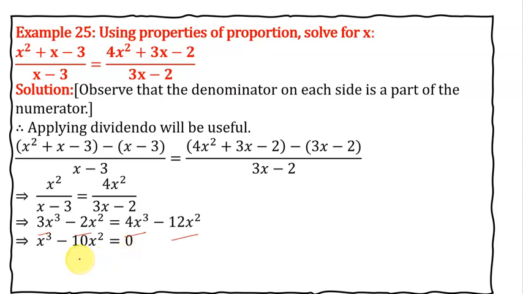Now from here, take x square as common. Then x square times (x minus 10) is equal to 0. It implies x square is equal to 0 or x minus 10 is equal to 0. x square equal to 0 means x is equal to 0, or x is equal to 10. These are the values of x.